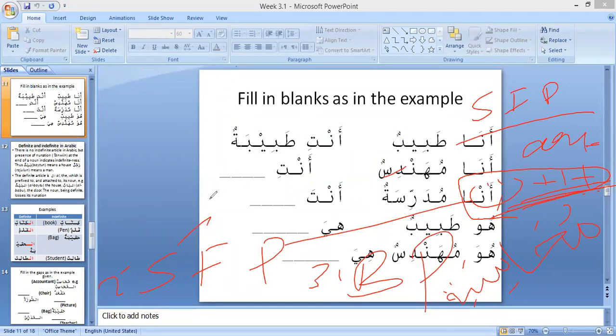What's the dual of muhandisa? Muhandisatan. What is the plural? Muhandisat, yes. That's correct. So muhandisa, muhandisatan, muhandisat.